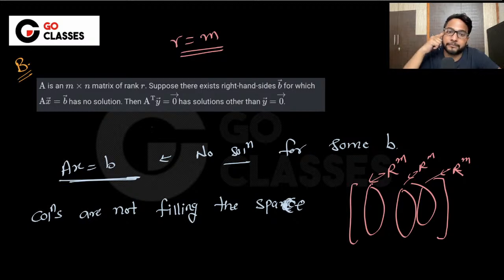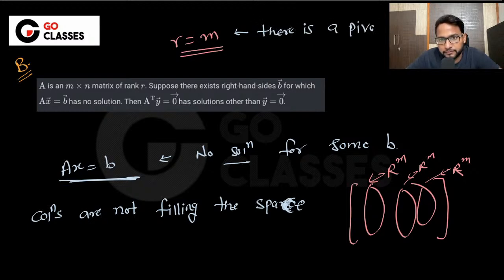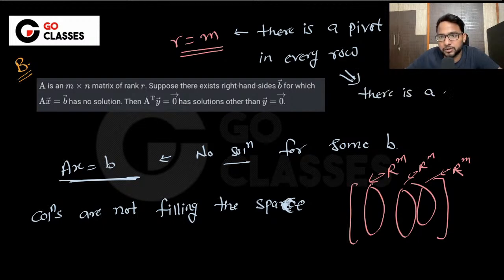Can the rank be M? Rank is M means there is a pivot in every row. And what does this mean? If there is a pivot in every row, then there is always a solution for all B. There is a solution for all B.